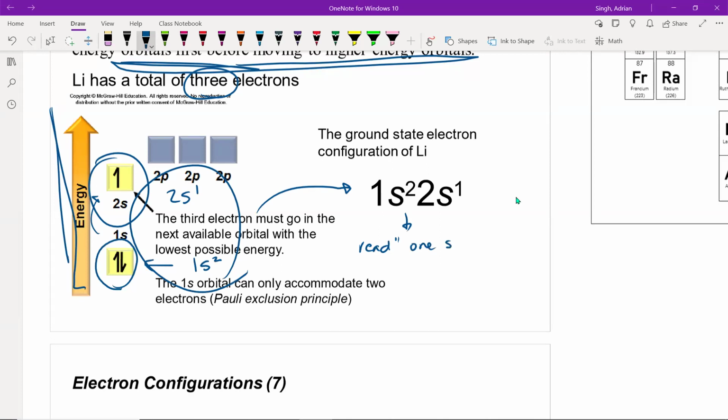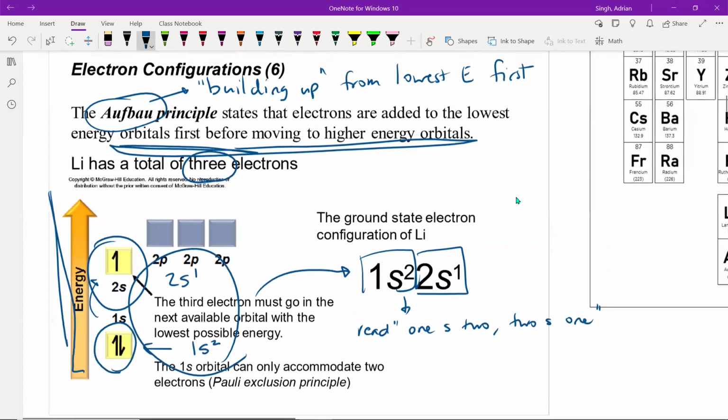Not 1s squared, but 1s2, and then 2s1. That's how you would say that to somebody to report that electron configuration.